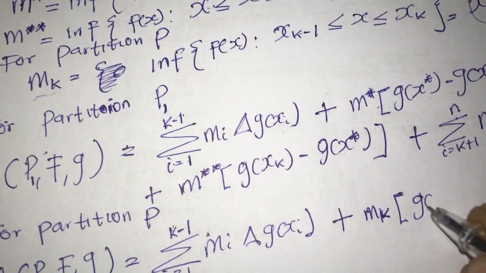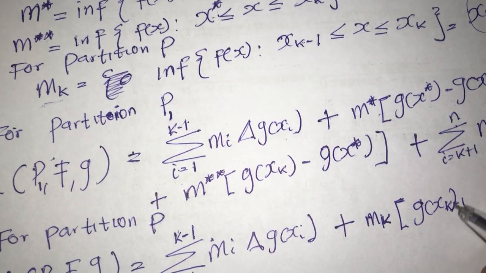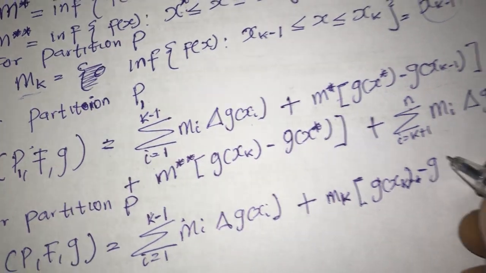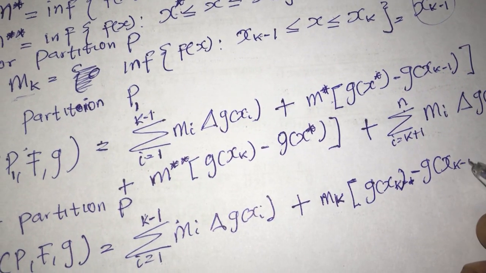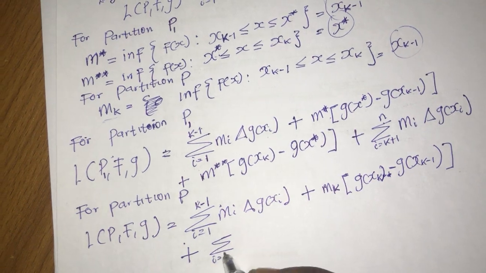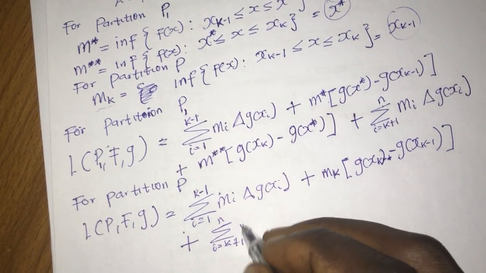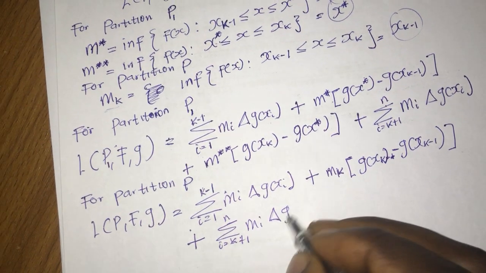So we are having g of sk minus g of sk minus 1. Now plus, from here we continue, so that will be summation i equals k plus 1 to n. Then we have mi delta g xi.